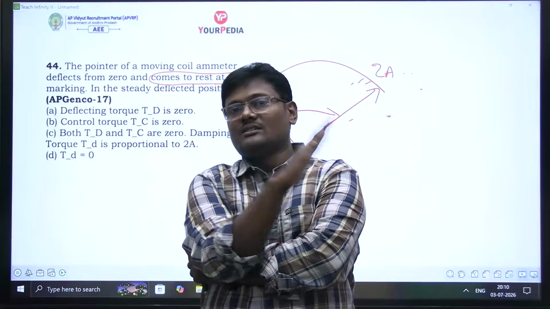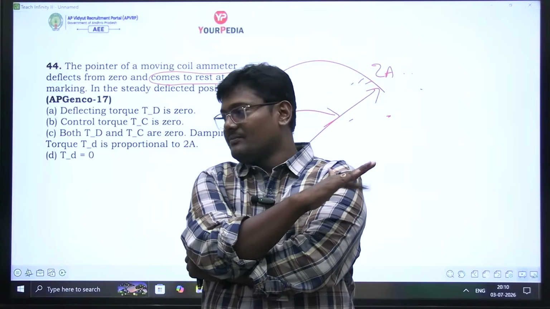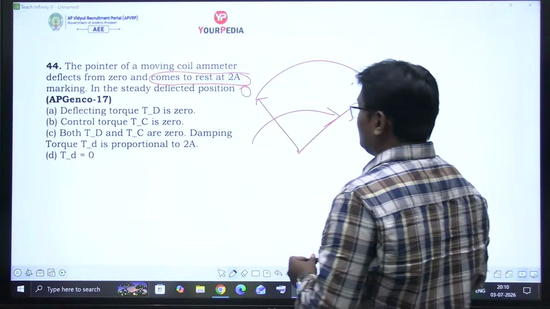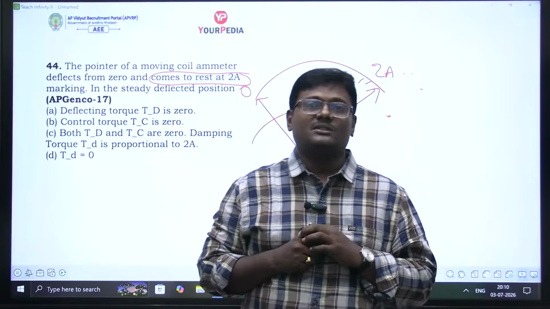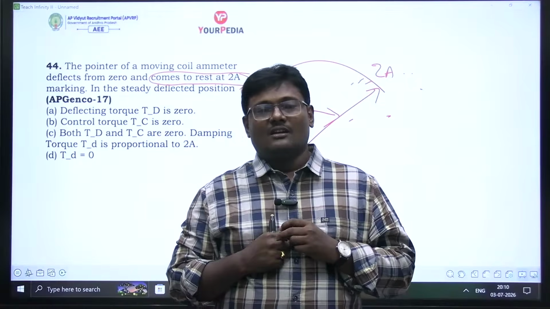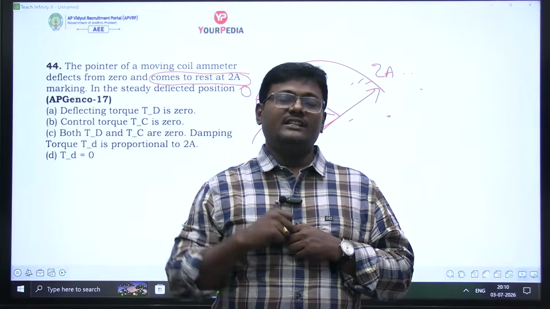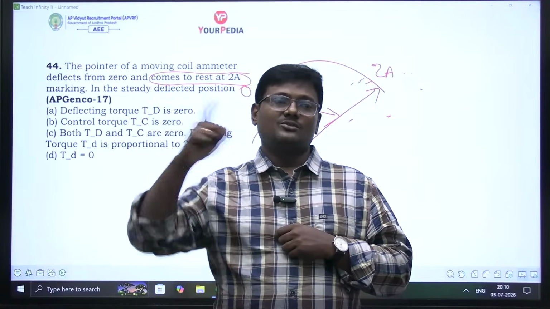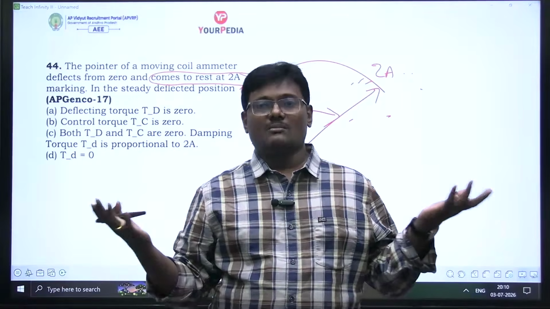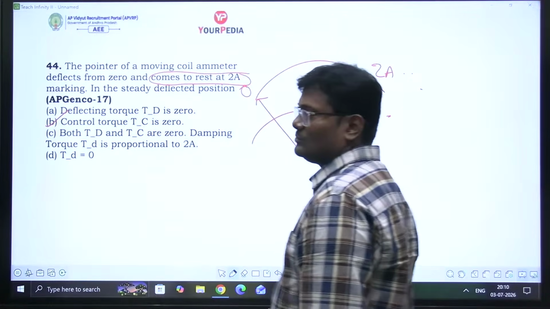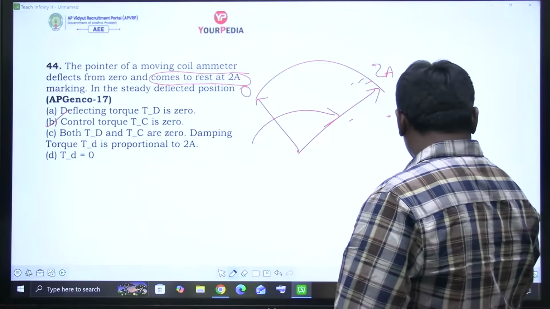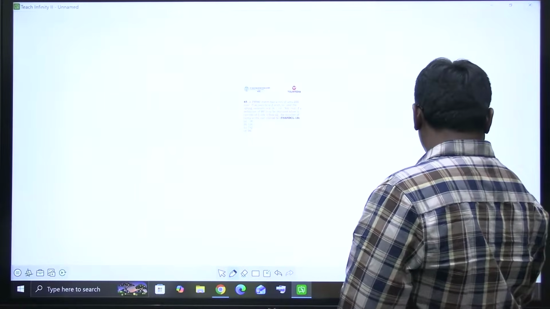So it is directly deflected. Think logically. Previous question also, you may observe that. So TD comes to the final position, so TC is 0. AP Genco 2017 question, 7 years back.